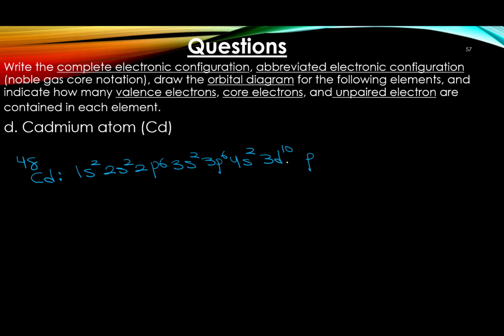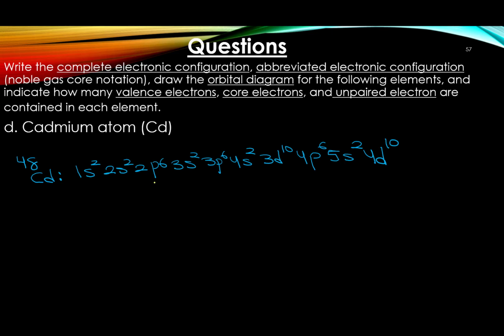So 4p6, 5s2, and 4d10. Okay, if you add it all up, it adds up to 48. Let me double check.